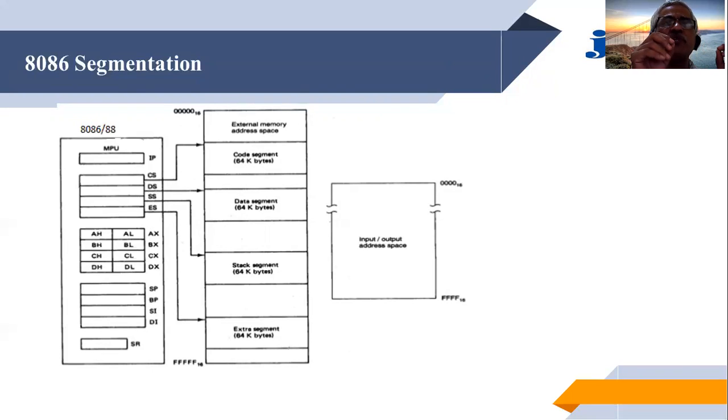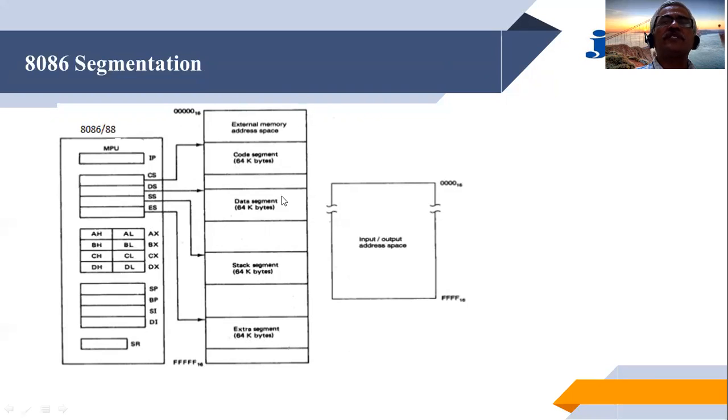So the memory, which is 1 mega in size, since it cannot be addressed directly, is divided into different segments: like extra segment, stack segment, data segment, and the code segment.